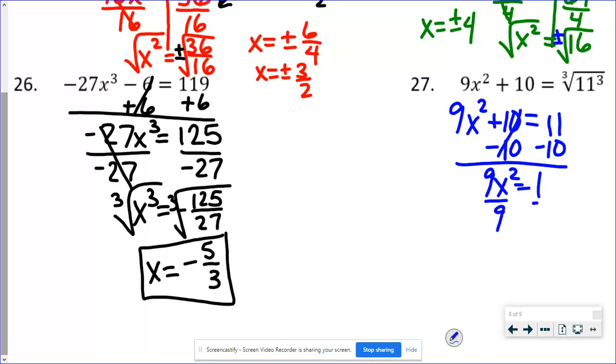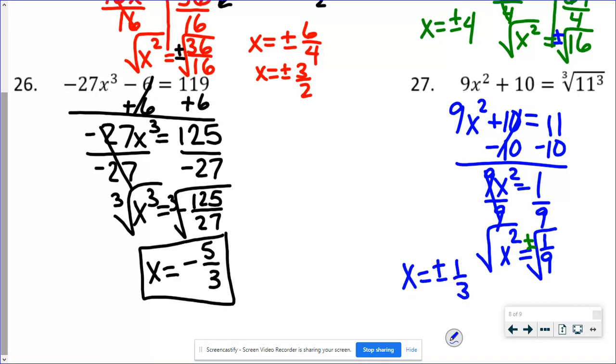And dividing by 9, please don't grab your calculator there because you'll get a decimal that's 0.1 repeating. Leave it as 1/9. Those are both perfect squares. Square root, plus or minus, and I get that x is plus or minus 1/3.